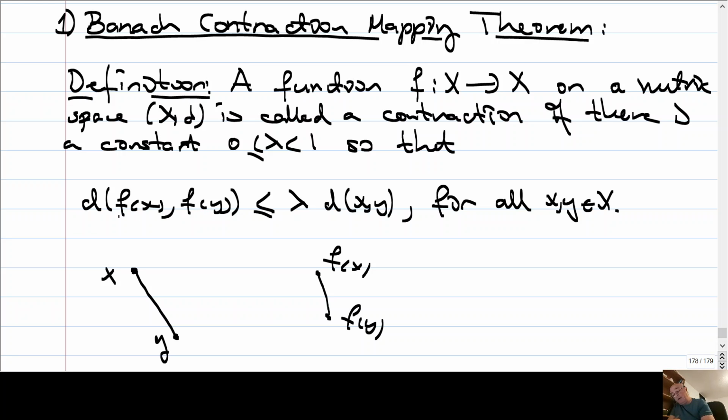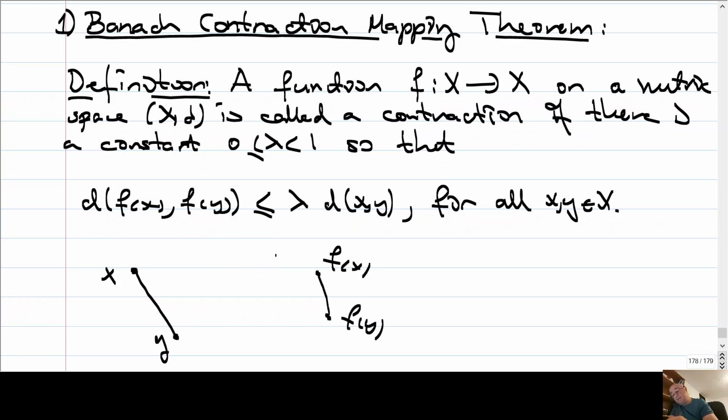You see, I want to make this less than epsilon. If I choose my delta to be epsilon over lambda, then if d(x,y) is less than delta, lambda times delta would be just epsilon, so that this would be less than epsilon.